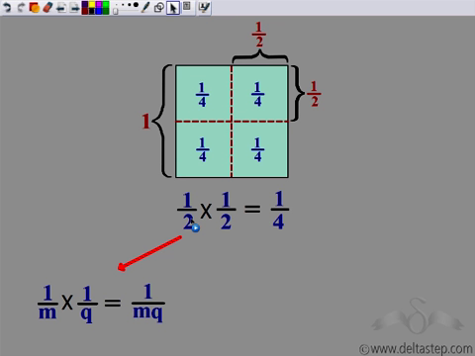If I multiply 2 unit fractions, I could either get mq, which is m times q, 2 2s are 4, or I could say that if I multiply two unit fractions, then I get m plus q as the denominator, which is 2 plus 2, which is 4. The numerator is not changing throughout. So, are the denominators being multiplied or are the denominators being added?